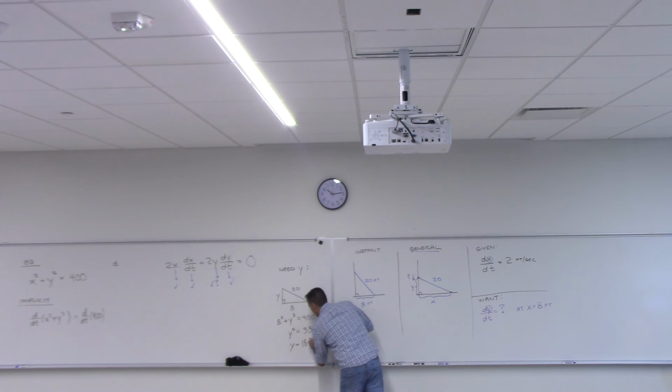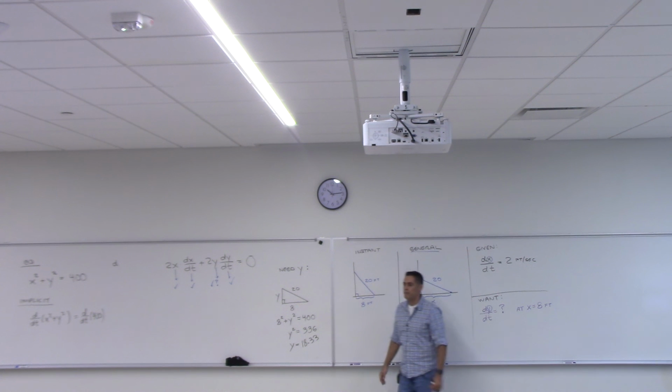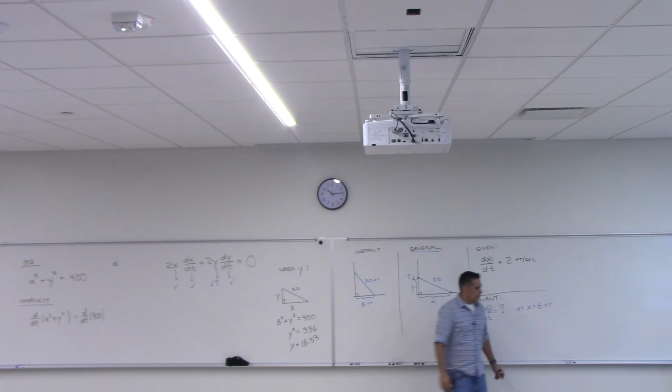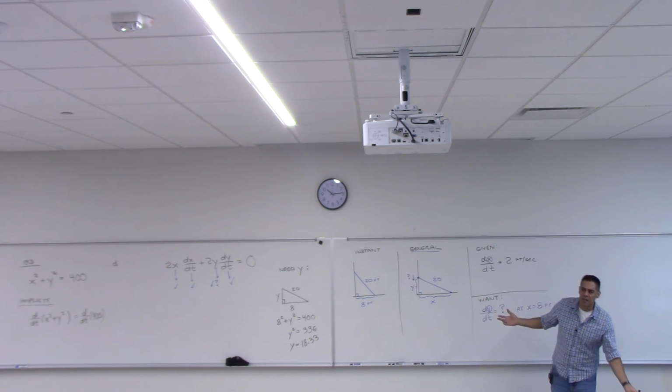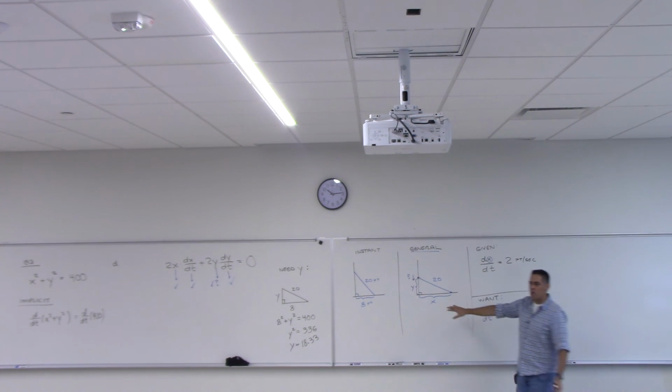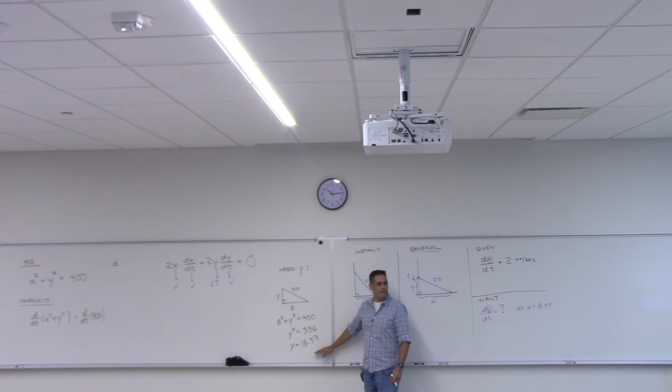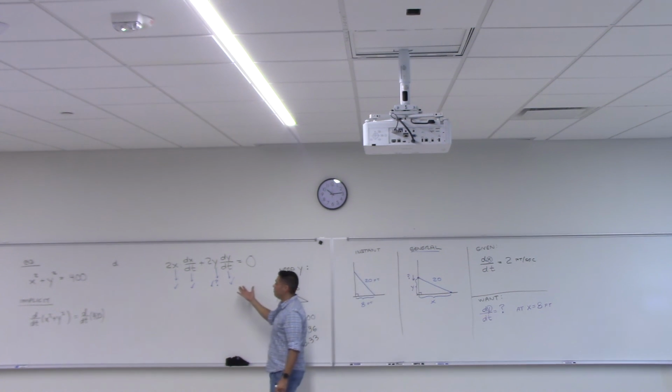Close enough? So approximately 18.33. So where it says scratch work here is where I'm doing all this. If I need to get y, I'm going to go do this scratch work, okay? Y'all with me?